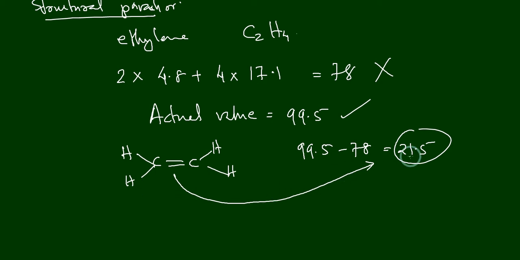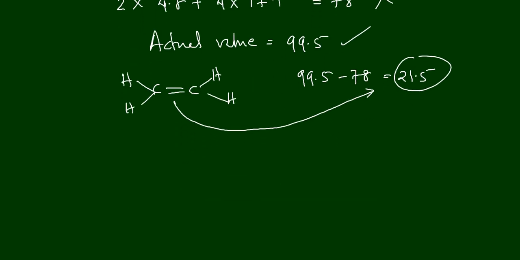Even if we have calculated the contribution from the carbon-carbon double bond, in this case 21.5, in the case of ethylene, we can see that the average contribution of the carbon-carbon double bond, or any double bond, is 23.2.